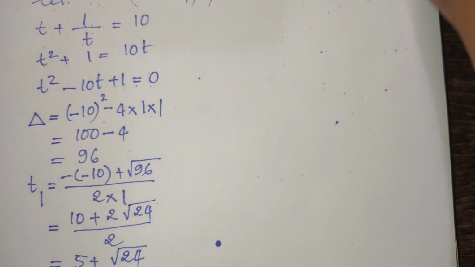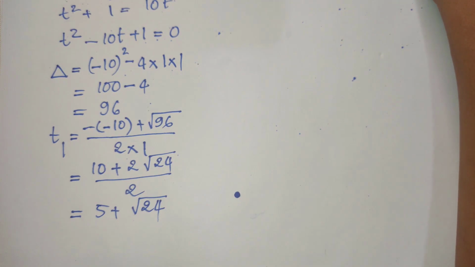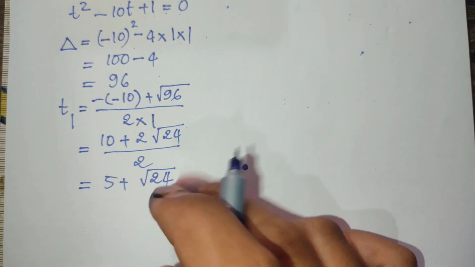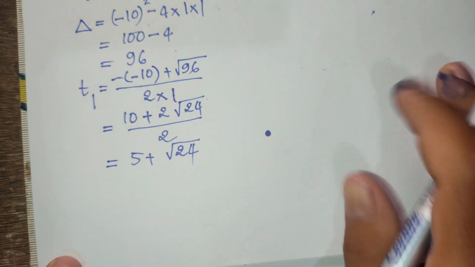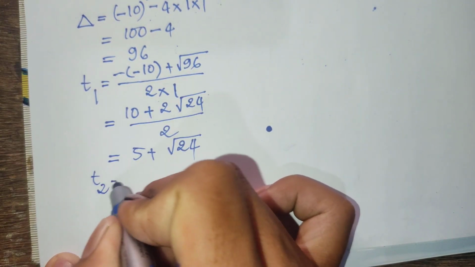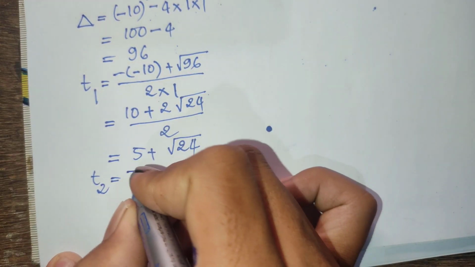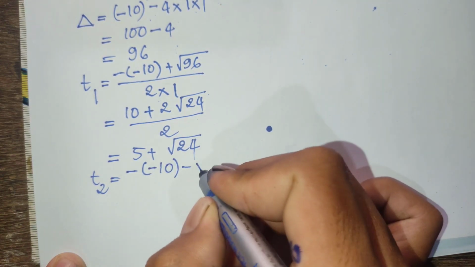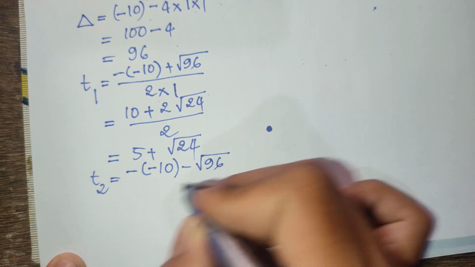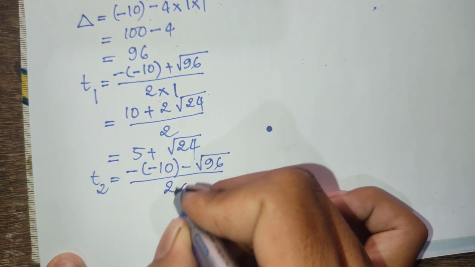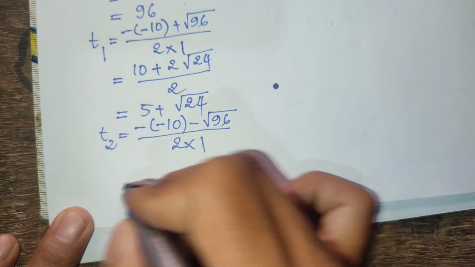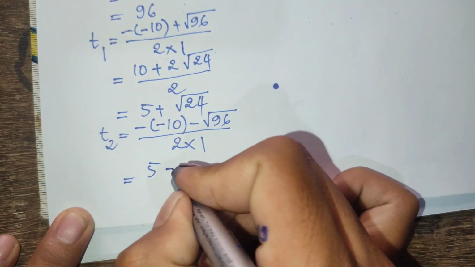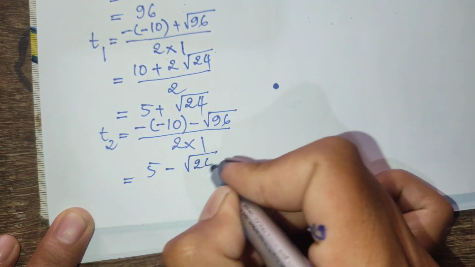Okay, and that is one solution. And t2 is minus minus 10 minus square root of 96, divided by 2 times 1. So it is the same way: we get 5 minus square root of 24.